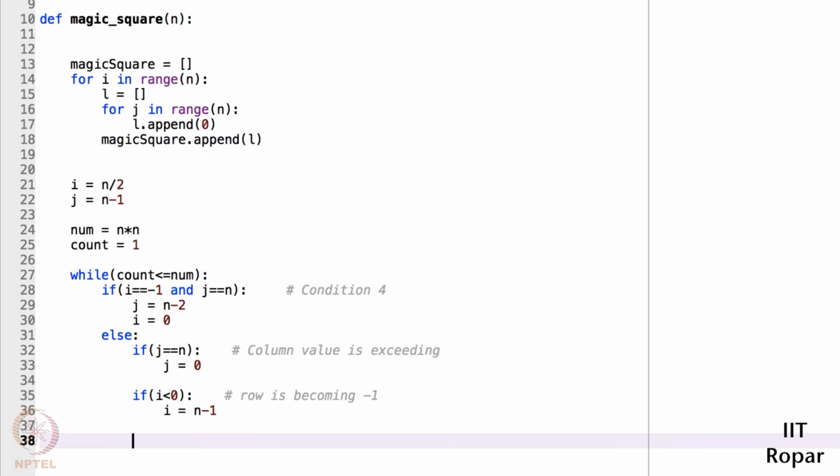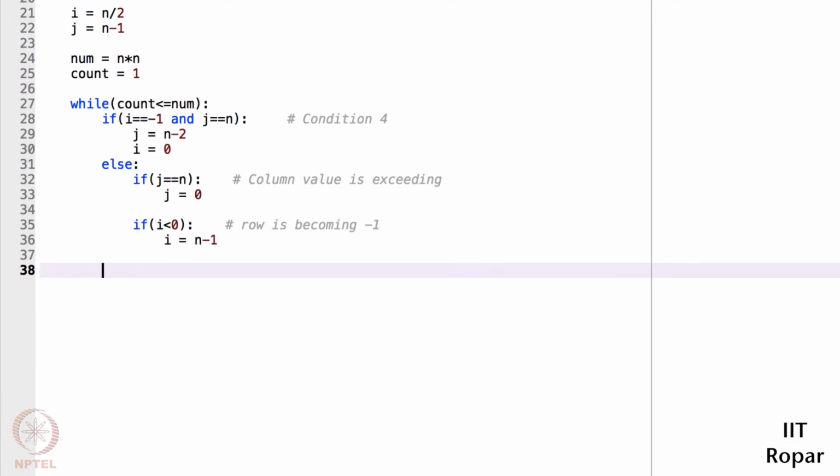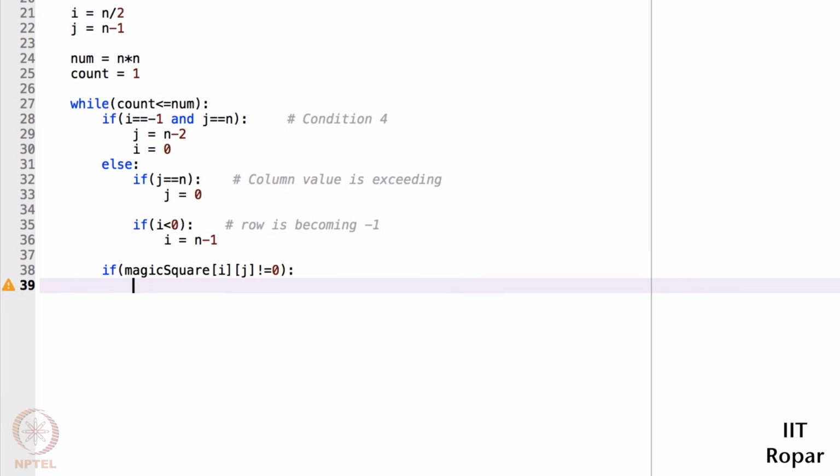Now what else? One more condition was there. If I calculate the location, but that location already contains some element, then I have to do something. So for that I have to check if my magic square, I don't know why I find difficulty writing magic square. Okay, if magic square at the location, which is i comma j, is not equal to 0, if it is something other than 0, it means it already has something.